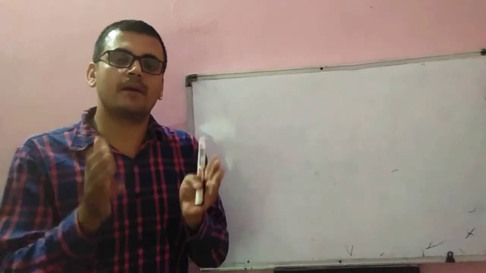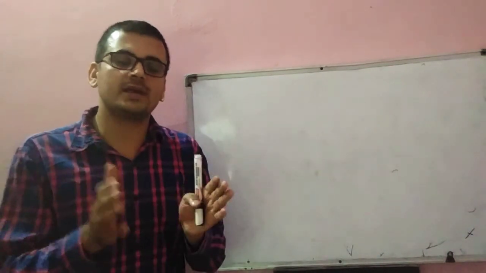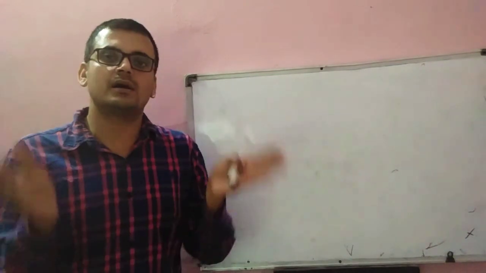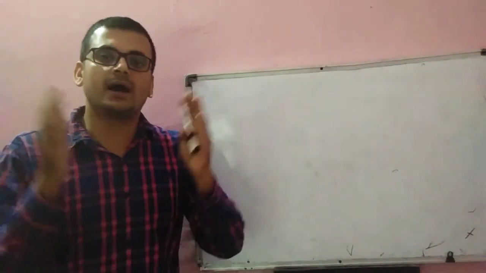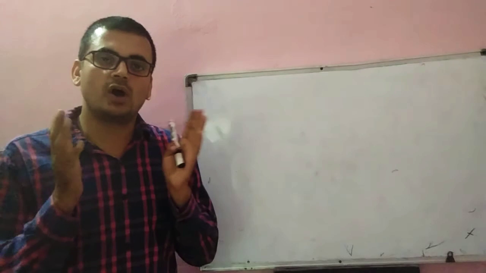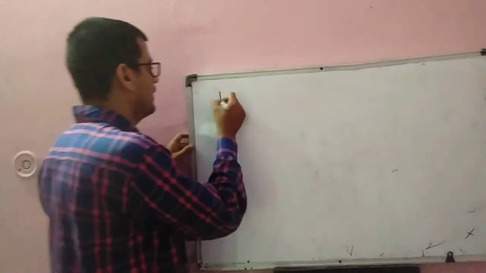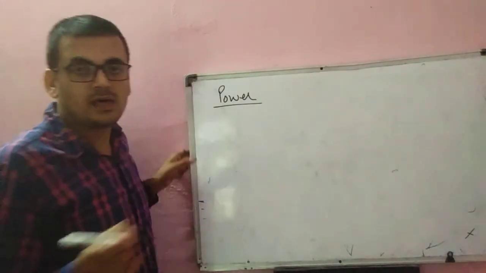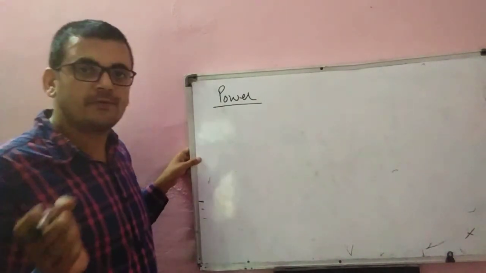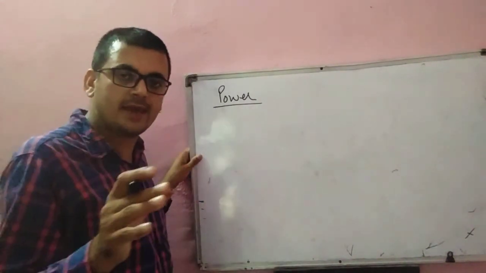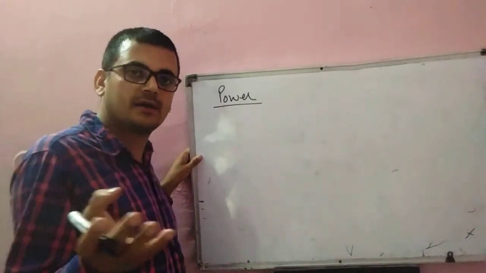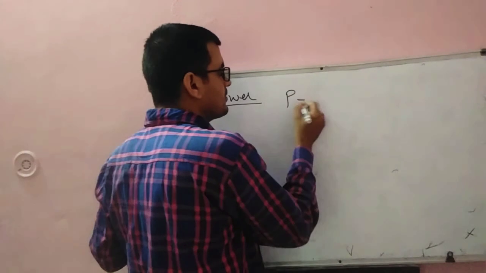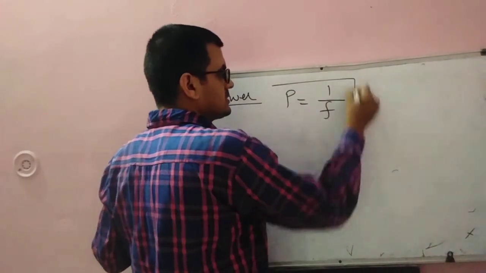It is the measure of ability of converging and diverging the ray of light by the lens. Power is the measure of how much amount the lens diverges or converges the ray of light. So power is the reciprocal of focus.